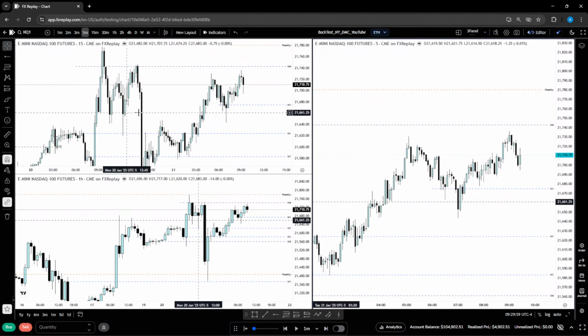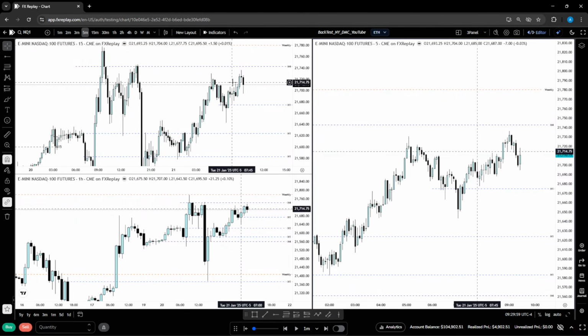Okay, touch some of these levels maybe in this previous level, and then we pushed.